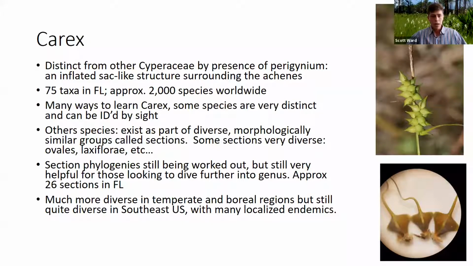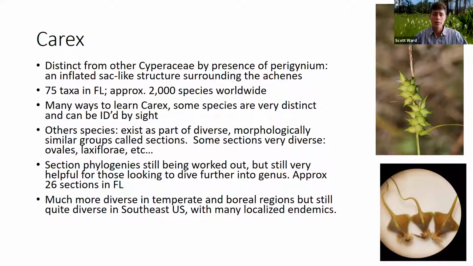So there's still some phylogenetic work to be done on kind of sorting these sections out. But to me, it's a really useful skill to learn some of these sections because you're taking, let's say, 75 taxa in Florida. Oh, okay, we know there's only 26 sections. So it really cuts down on the possibility once you know a little bit about these groups.